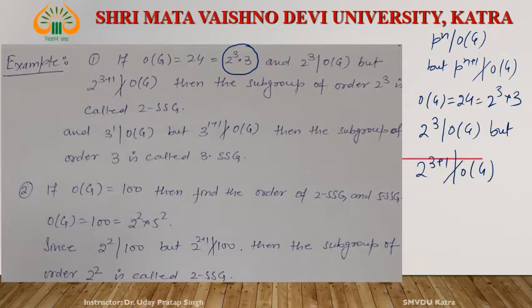Then the definition of PSSG says that the subgroup of order 2 to the power 3 is called 2SSG.